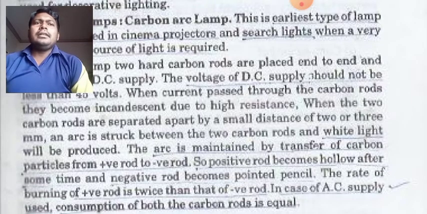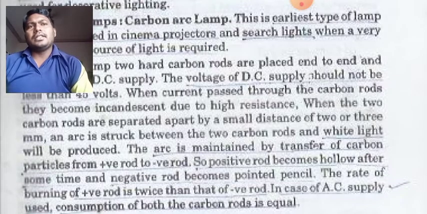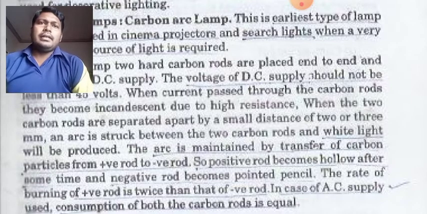The arc is maintained by transfer of carbon particles from the positive rod to the negative rod. So carbon particles are transferred from the positive rod to the negative rod. The positive rod becomes hollow after some time, and the negative rod becomes a pointed pencil.